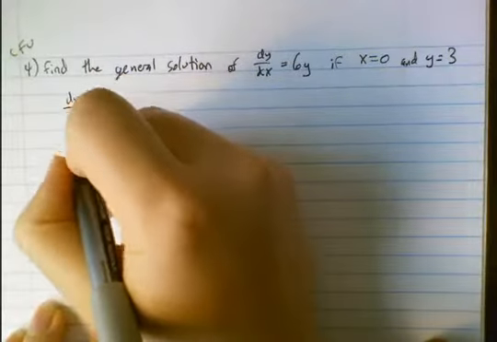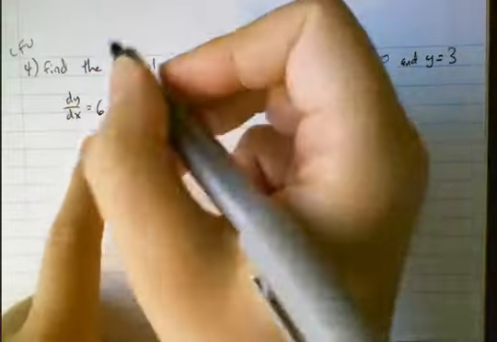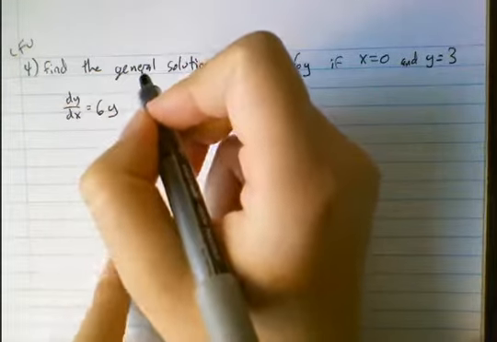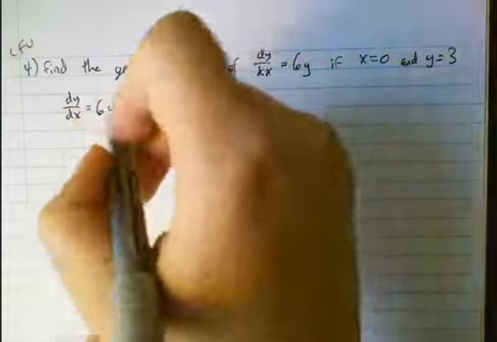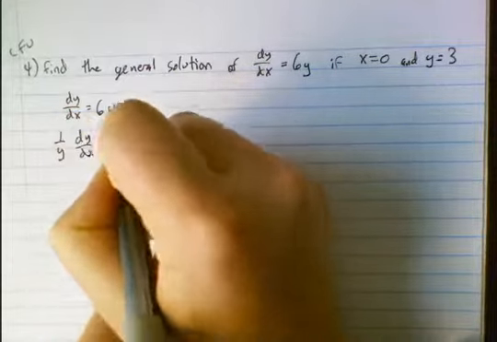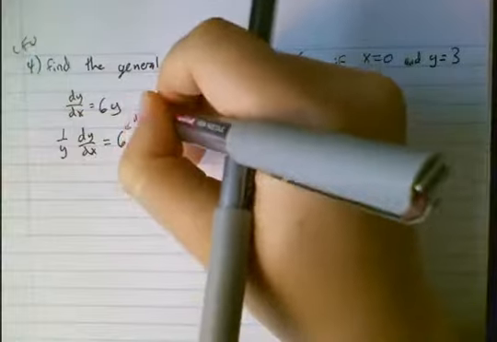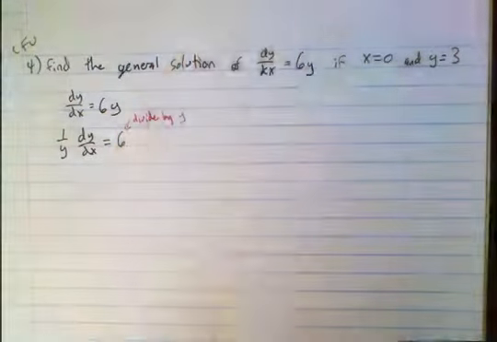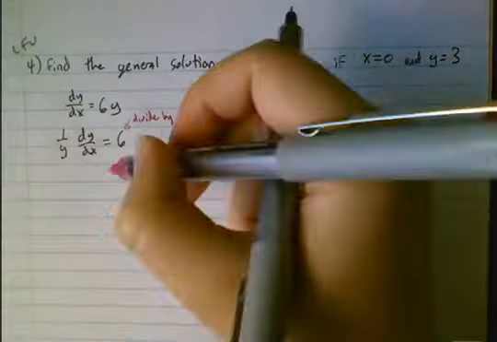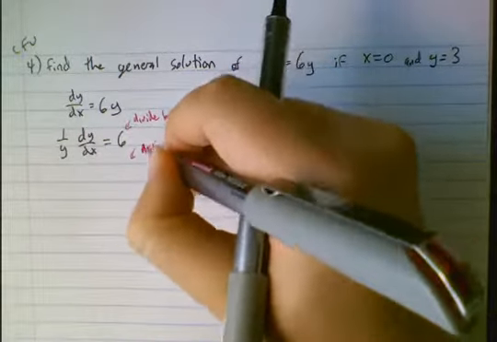Okay, so let's go over how to do this. So we want to separate our variables, so we're going to divide both sides by y. Then we're going to multiply by dx.